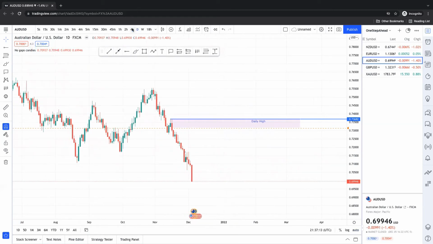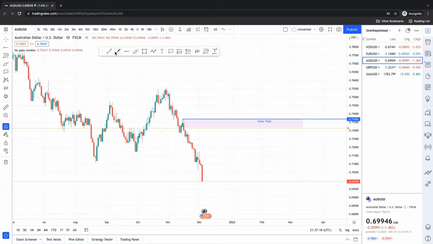So let's say on the lower time frame, I have something that actually breaks the major structure here, this one.